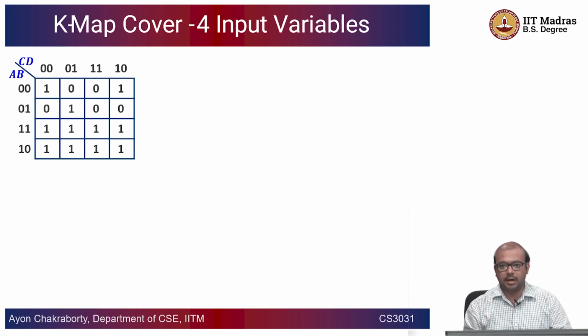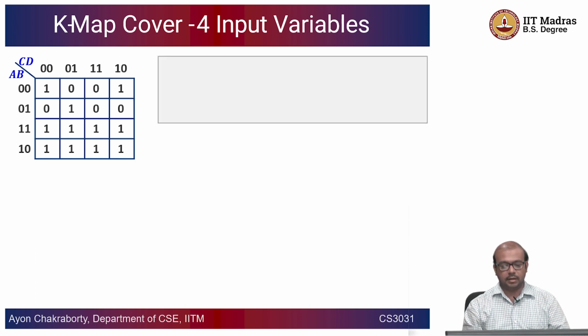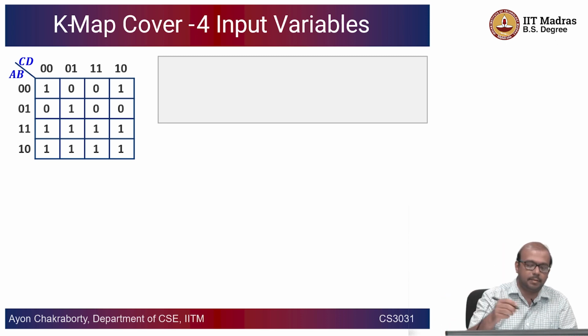So, the K-map covers 4 input variables, A, B and C, D, and this is the given K-map, let us say. Wherever you have a 1, this means that that particular min term is present, as simple as that. Given a truth table, you want to write it down in terms of the values of A, B, C, D. So, for example, let us concentrate on this term.